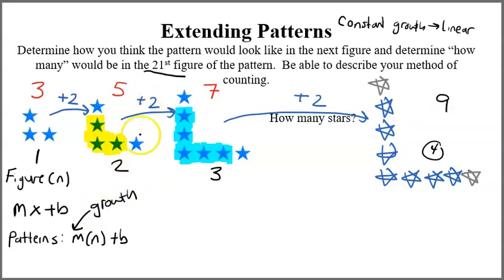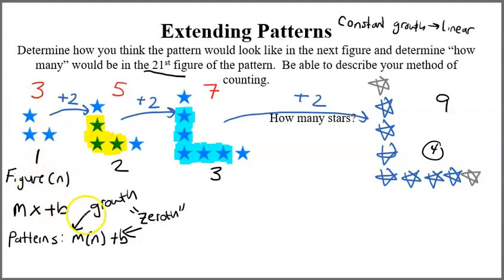How is the pattern growing? And b is the amount of things in the 0th term. So if I were to go backwards, or if I were to draw the figure that would come before my first figure, how many things would be in that figure?